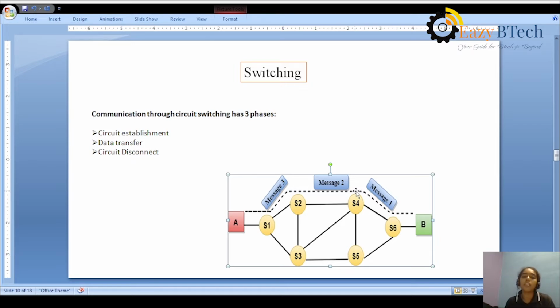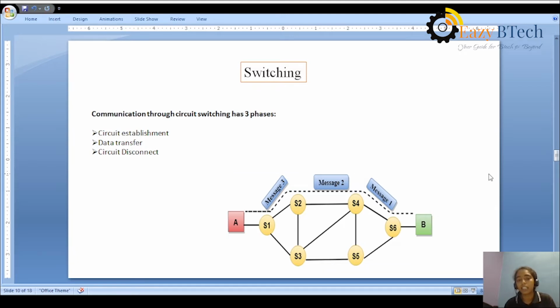Time division means a particular time is divided into a number of slots, and within that time period we can establish a dedicated path and send the data. Mostly in circuit switching we use space division, and this process is used for telephone communication.